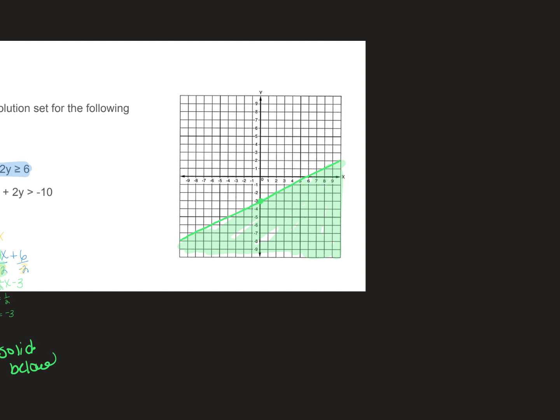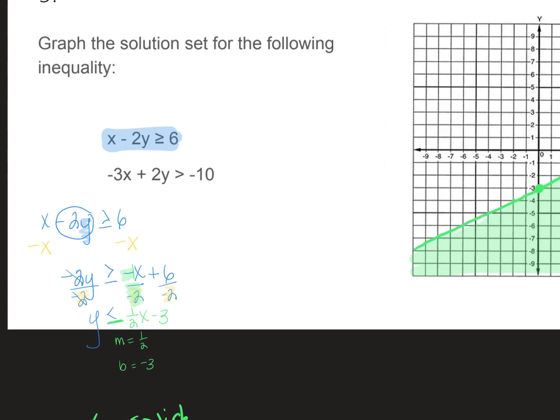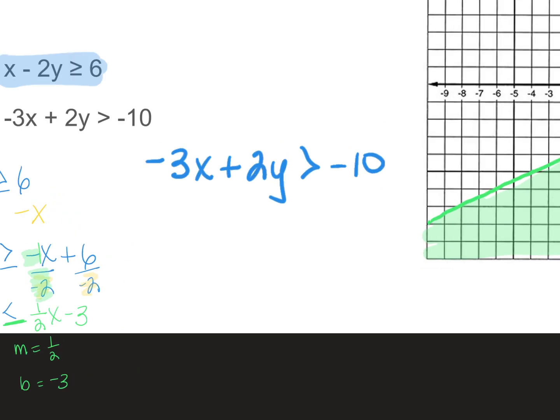Remember, with systems of inequalities, we were looking for a region of overlapping shaded area. All right, so I'm going to do the next one. Same process. I need to solve for y. Just like in the previous problem, we need to move x first.